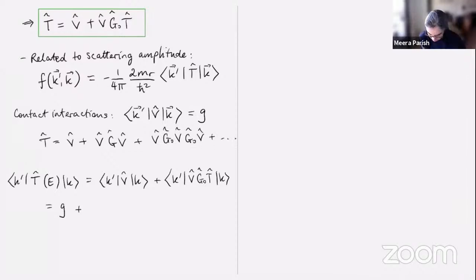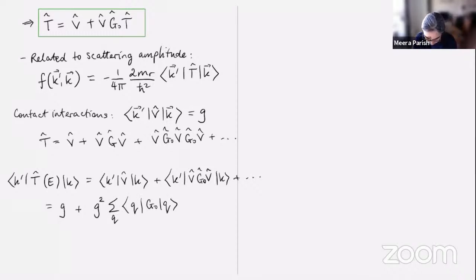So that's really what I'm starting with, and then I'm going to take this matrix element here. This is probably the easiest way to do it: this plus, and so on. So now I have this term here, plus a term that involves Q G naught Q here.